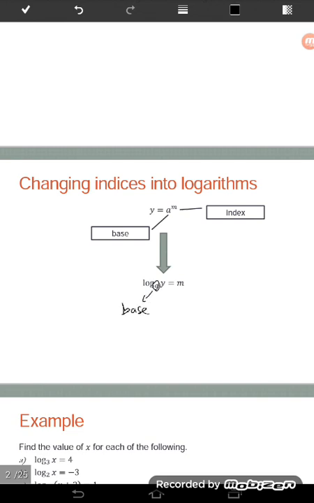So this one is the base for logarithm. Base for the indices will become the base for logarithm. So this one we read as log y base a, which is equal to m.